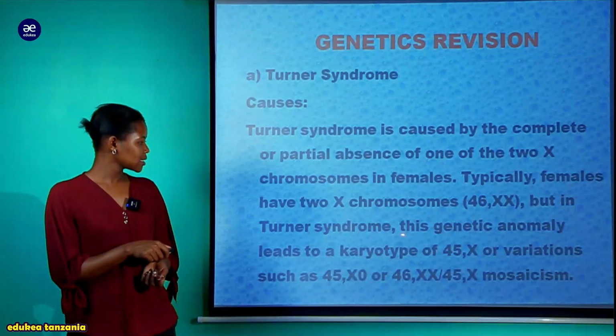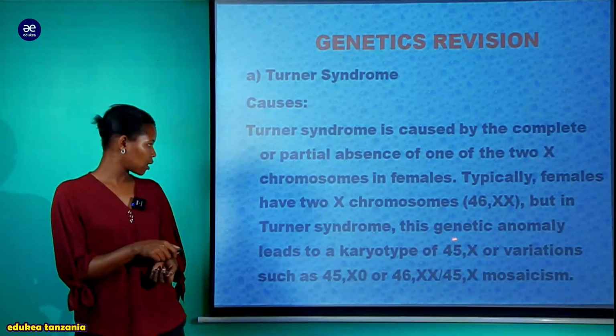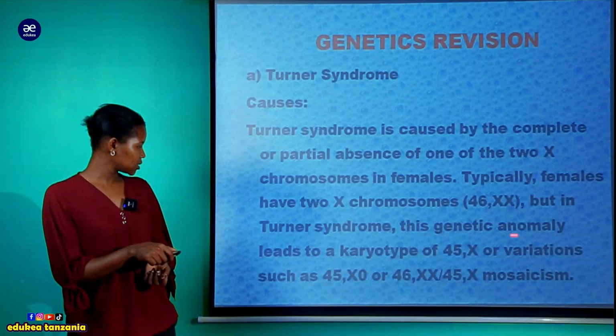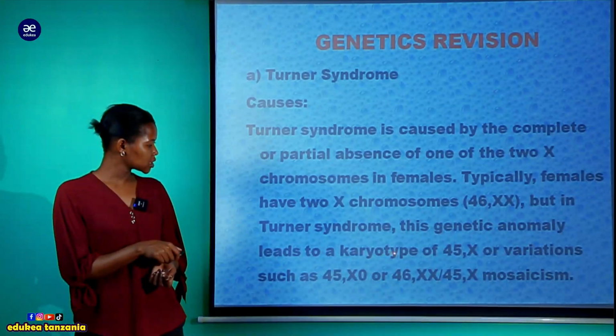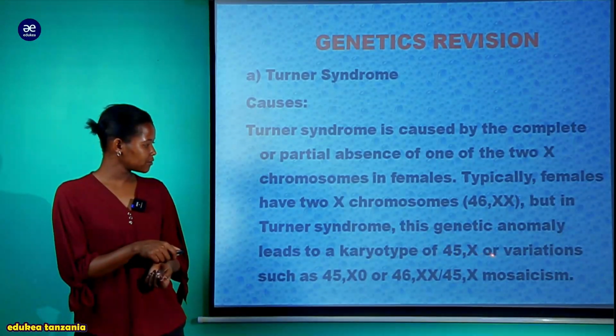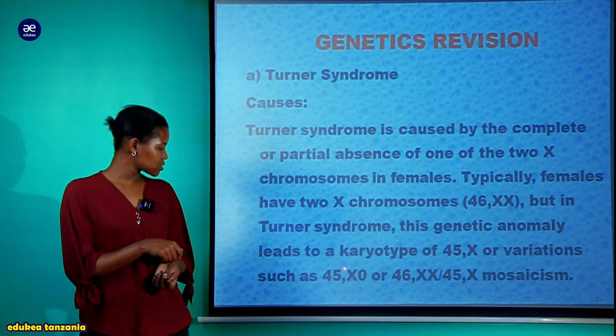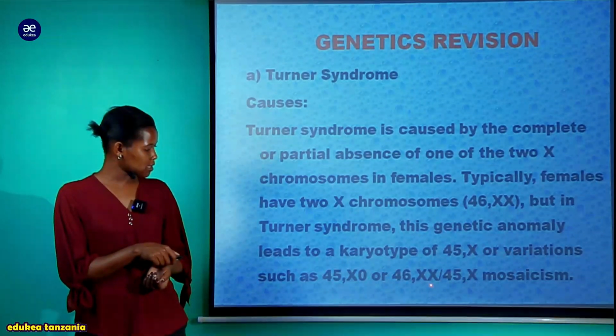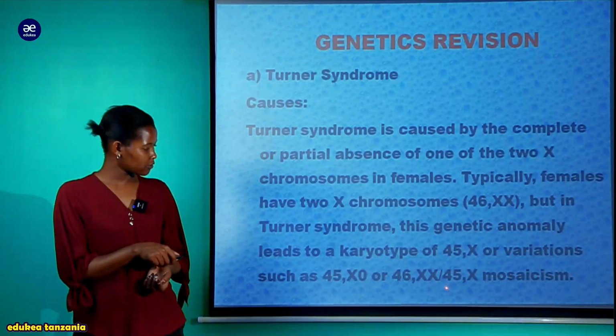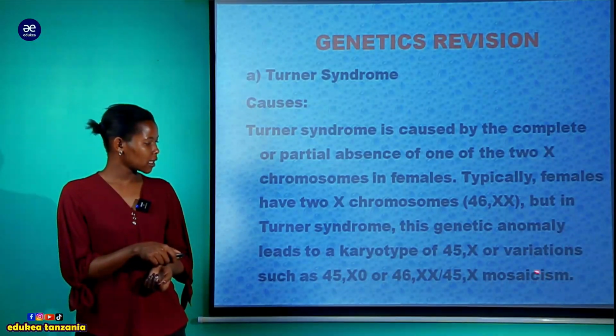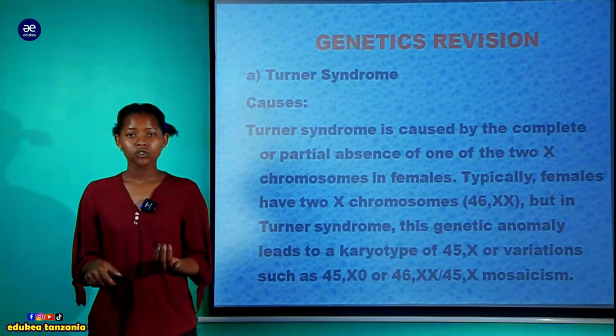But in Turner syndrome, this genetic abnormality leads to a karyotype of 45, with single X, such as 45,X0 or 46,XX/45, which we can call mosaicism.